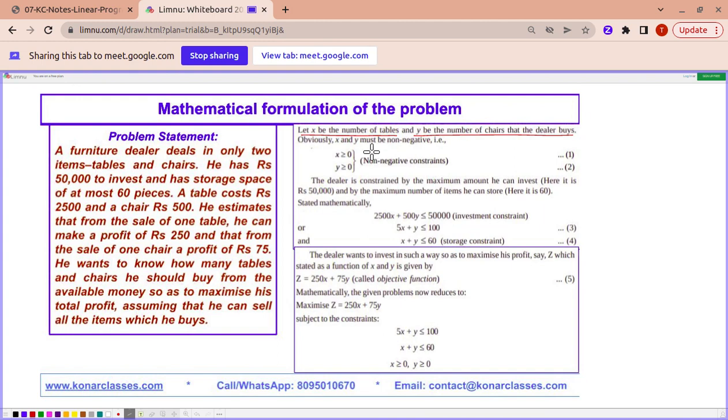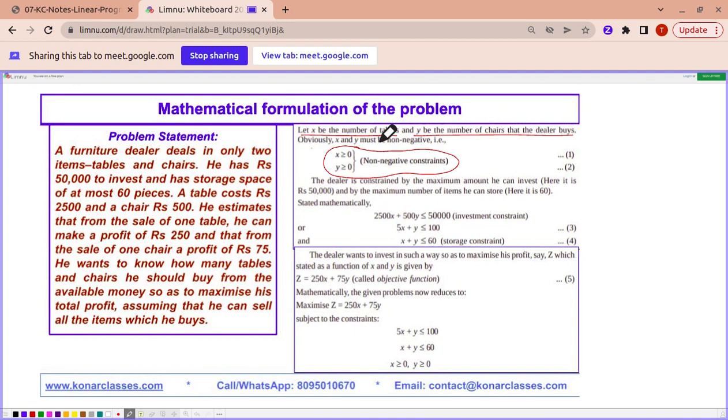Then obviously the first constraint will be that x should be greater than or equal to 0 and y should be greater than or equal to 0. That is called the non-negative constraint, because it is impossible to purchase a negative number of chairs or tables. It will be there always throughout all the problems we are going to discuss in the entire topic.